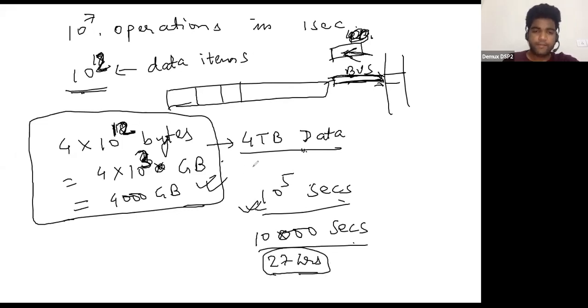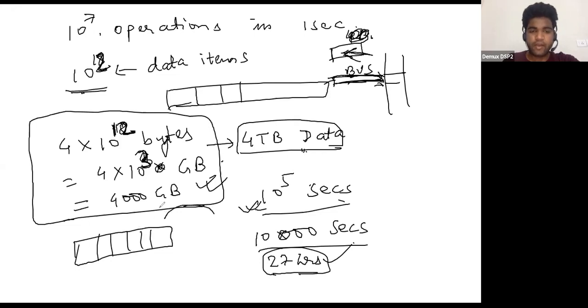So I'm just assuming what Utsav said is correct. Just imagine for 4 TB of data, and every time you are getting a new element, you are taking about 27 hours to insert. If you have a linked list or an array, you definitely cannot tolerate that, right? So that is basically the magnitude of the problem.